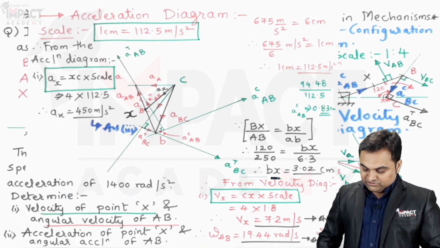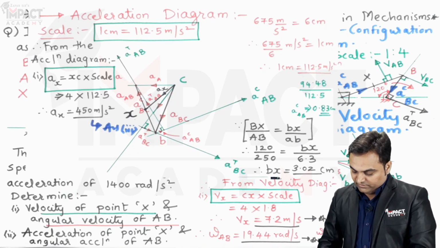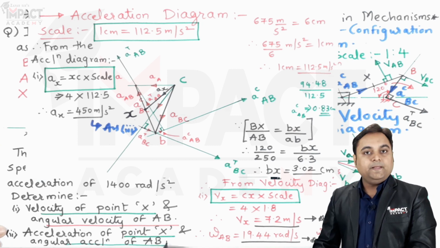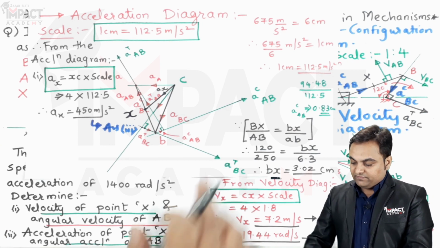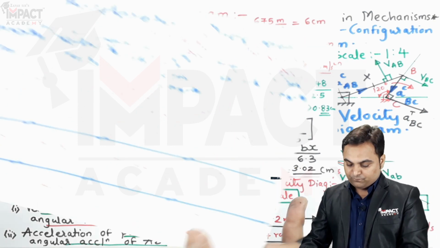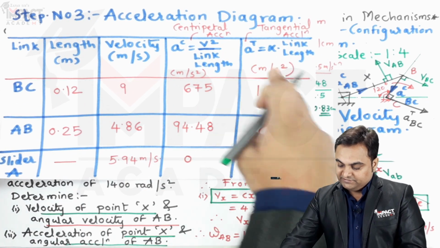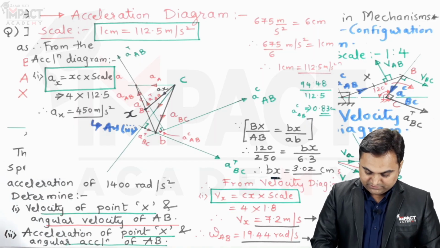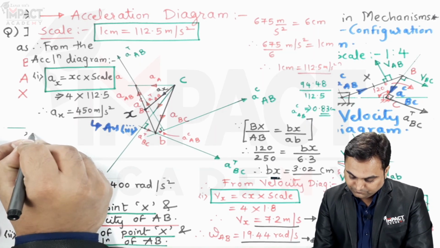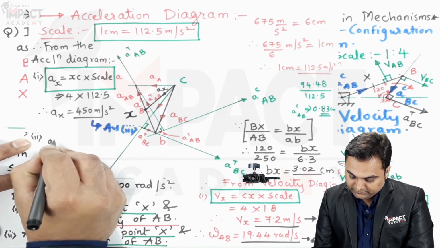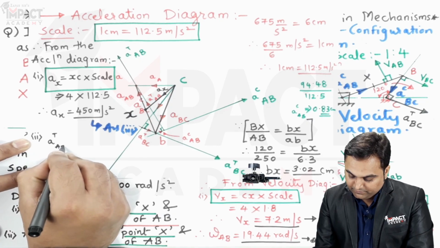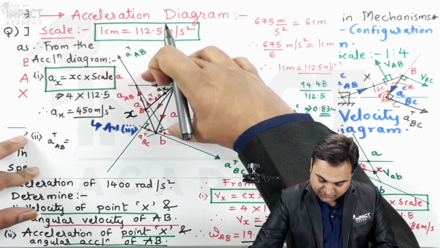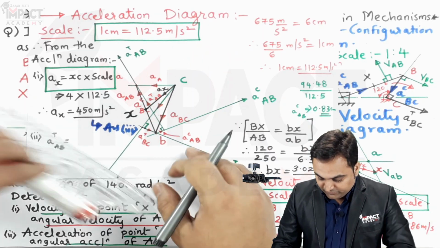Then the last thing which they have asked is, after the acceleration of point X, the angular acceleration of AB. And for the angular acceleration of AB, we would be requiring the tangential acceleration. And here I can say that the tangential acceleration of AB is over here. We have to be careful here.